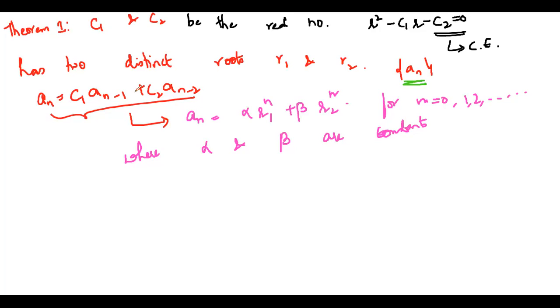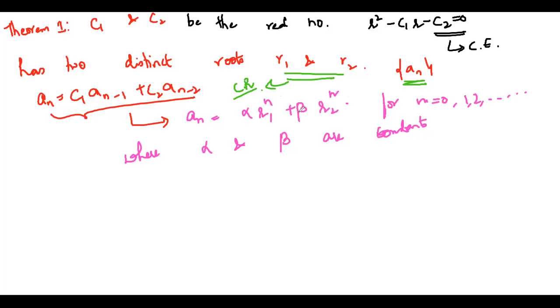Now when we get a characteristic equation of this form, these are the characteristic roots. The roots for this quadratic equation are r1 and r2. Then the solution for your problem an will be given as an is equal to alpha r1 power n plus beta r2 power n.